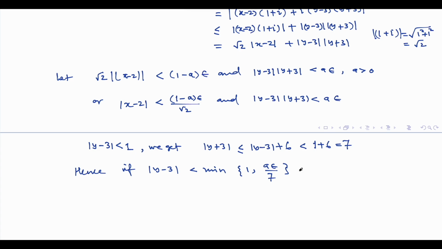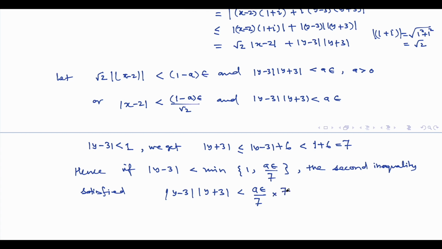Then the second inequality is satisfied: |y minus 3| |y plus 3| is less than a epsilon by 7 into 7, right?